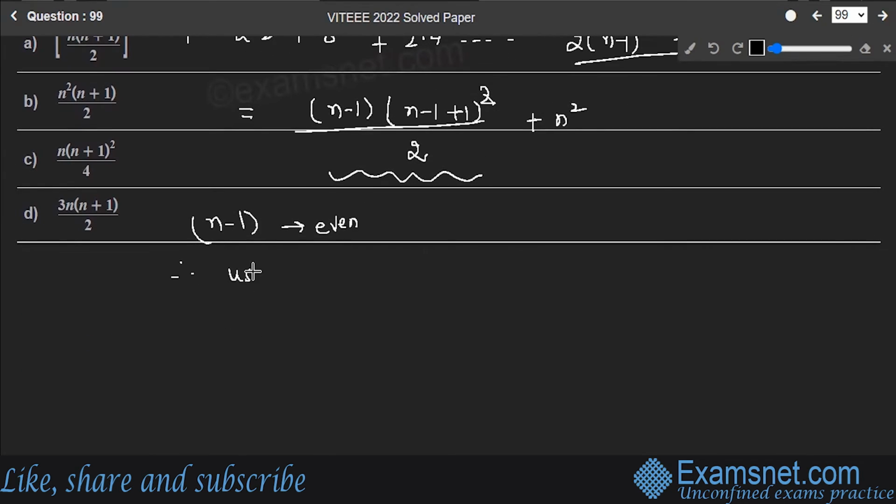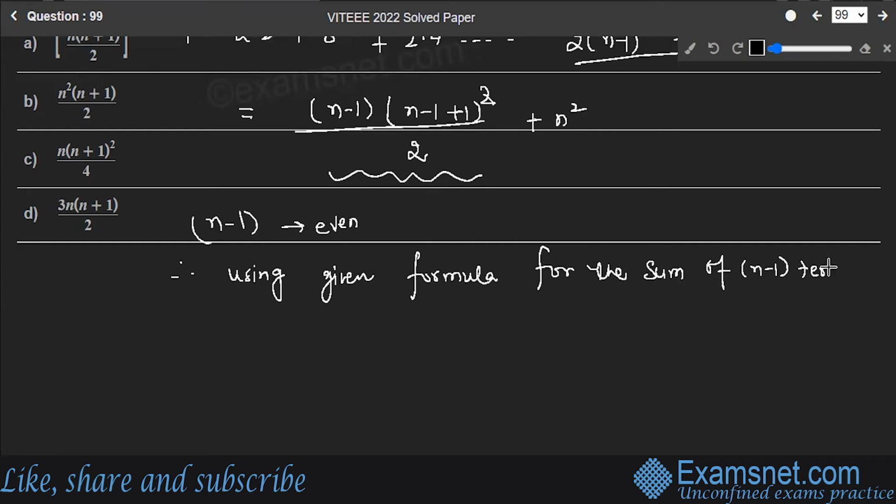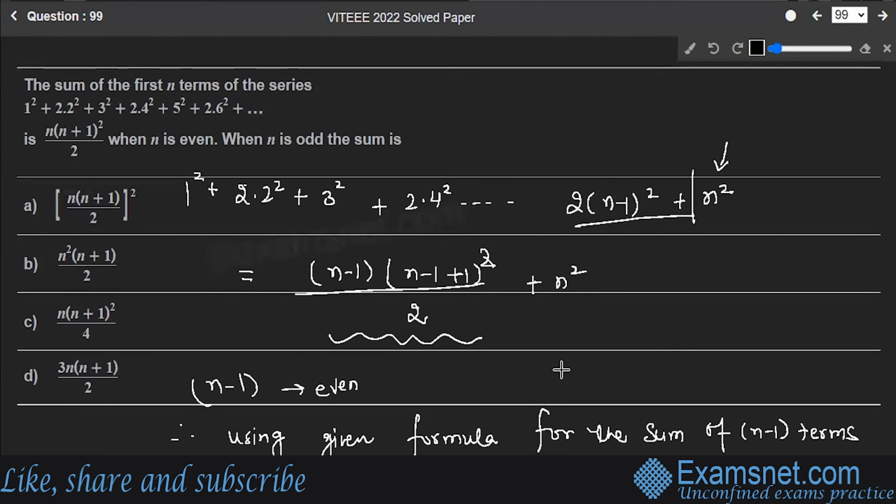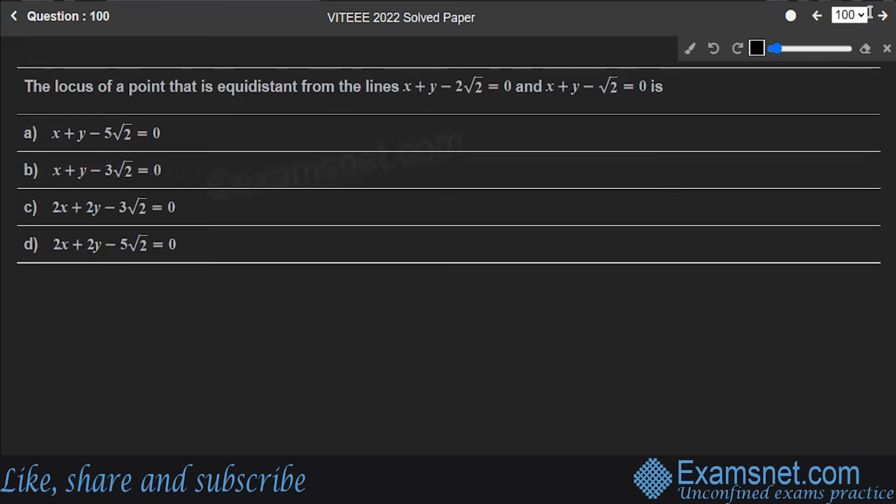Therefore, using the given formula for the sum of n minus 1 terms, that is equal to (n minus 1) upon 2 plus 1, into n square, or this is equal to this. So this makes your option B the answer. Hope you understood. Next is the 100th question of this paper, a mathematical question.